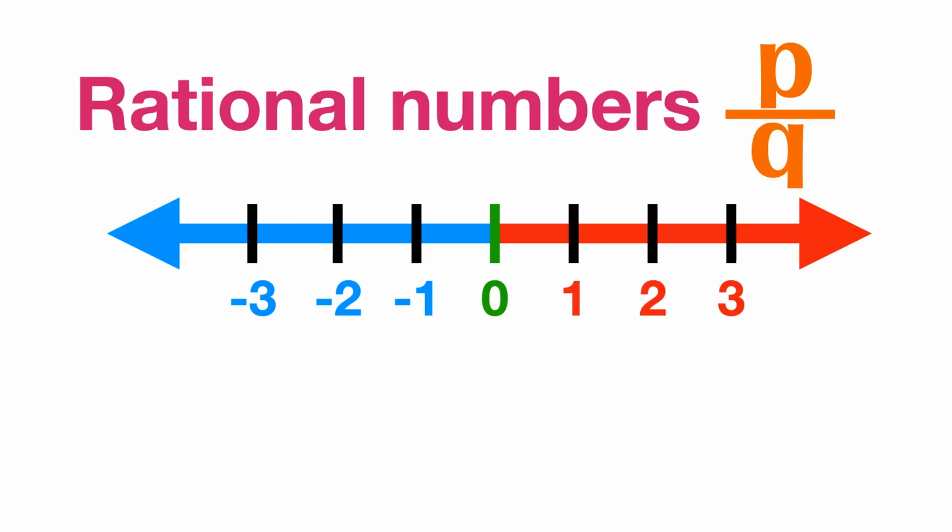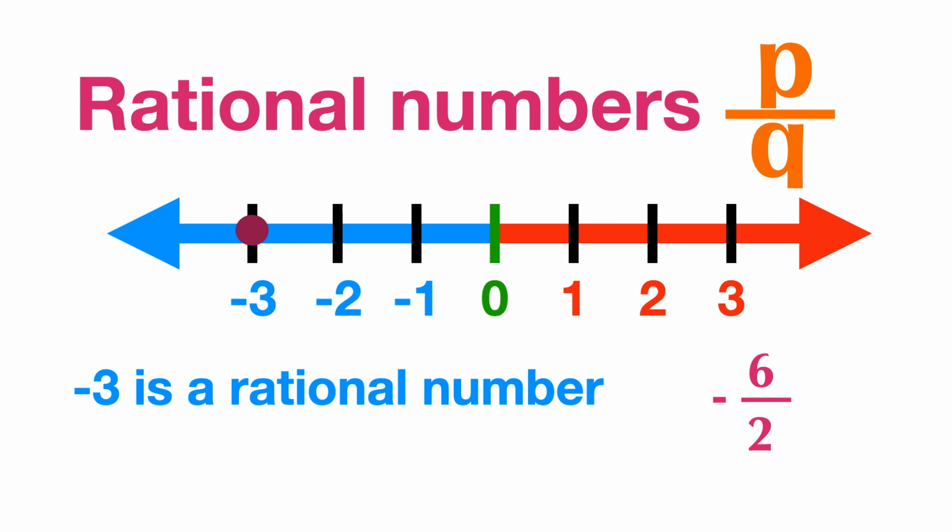Remember, rational numbers are numbers that can be expressed as a fraction or a ratio of two integers. P and Q are integers, and Q cannot be 0. Negative 3 is a rational number because negative 3 can be expressed as negative 6 over 2 or negative 6/2.